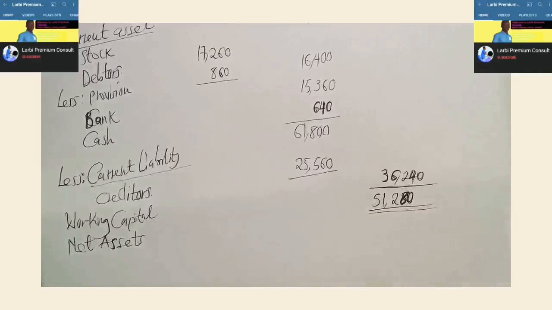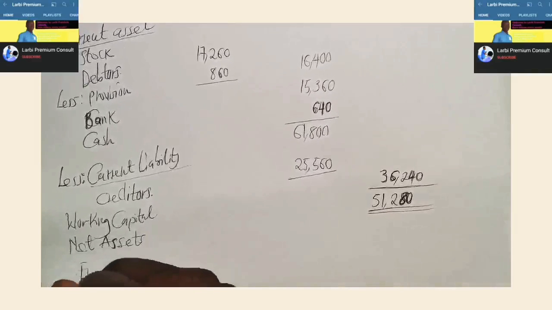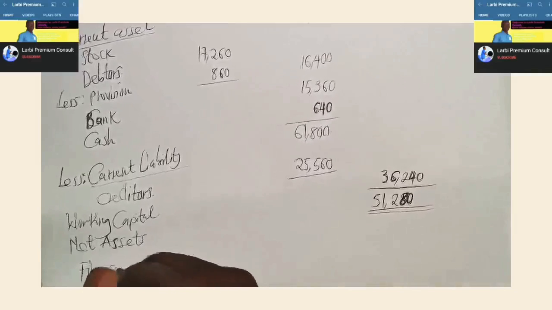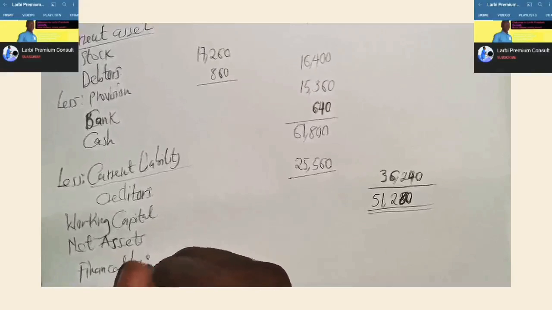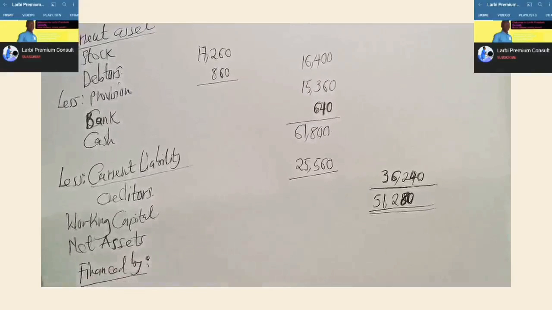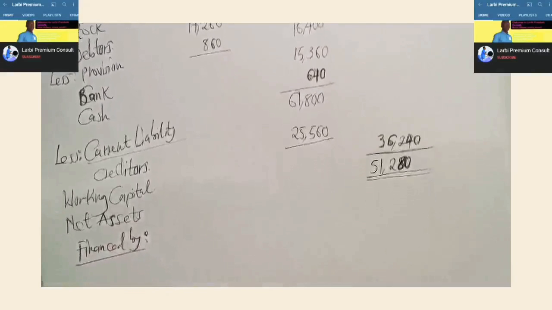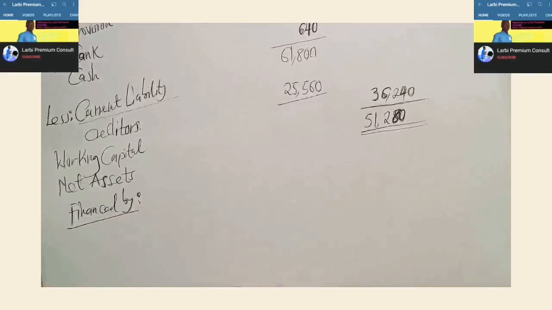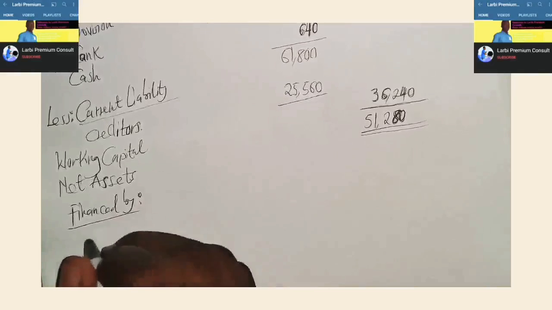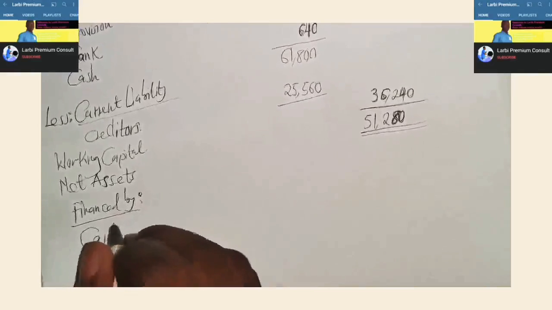So after that, you come to your financed by. That's your capital side, right? So financed by, you start with what? Your opening capital.